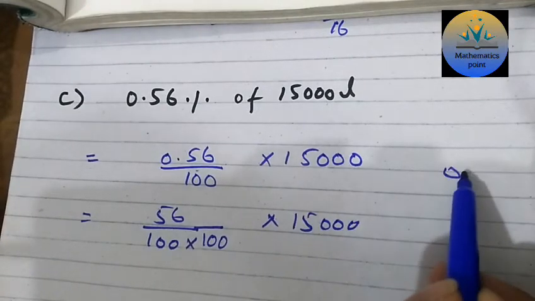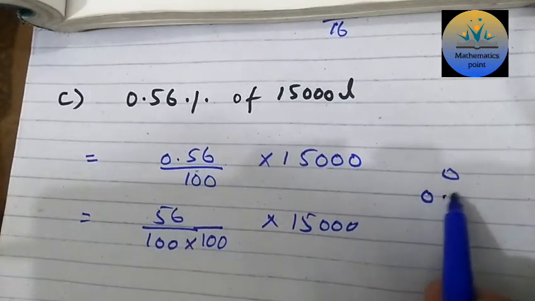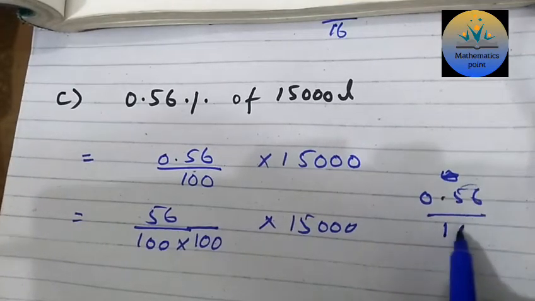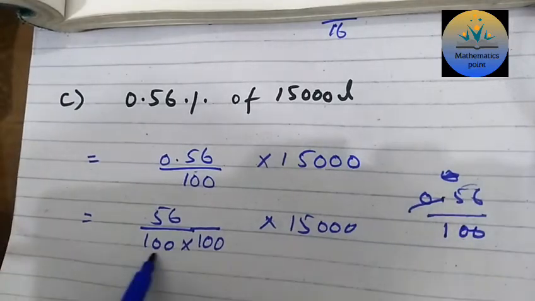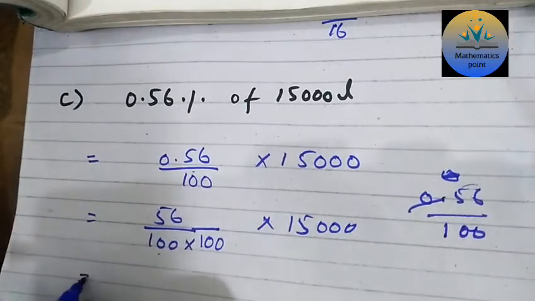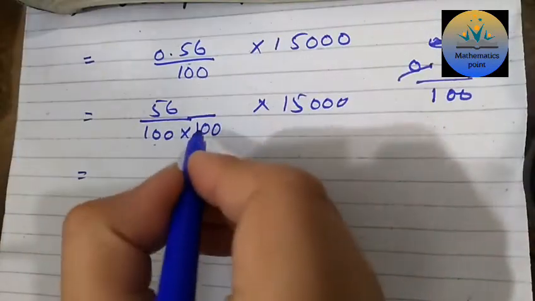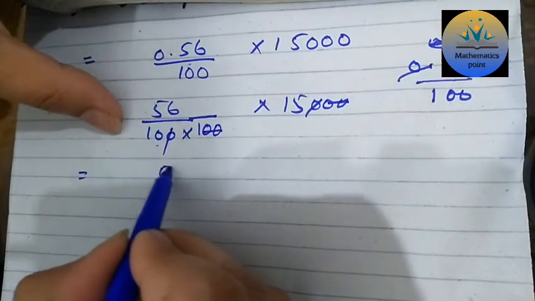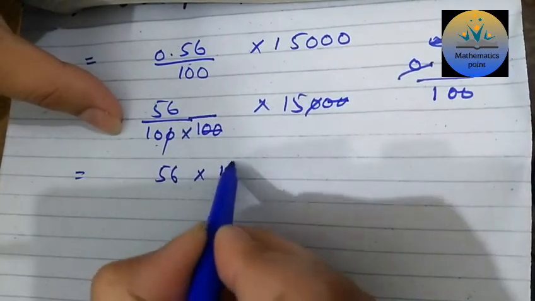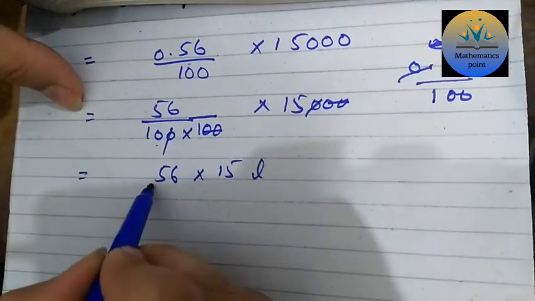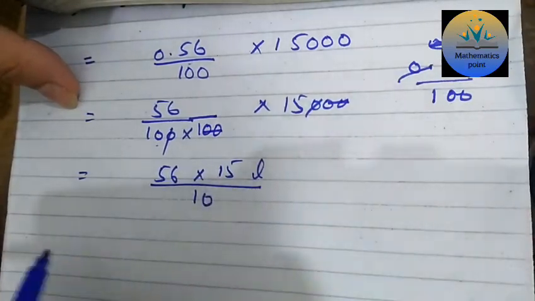This is what I'm just doing as working, 0.56. Below the point we write 1 and 2 digits are here, so 2 zeros, so that is 100. I put 100 here by solving this way. Then simplify it, so cut these 2 zeros by this one, now it becomes 56 multiplied by 15 liter, yes, that is in liter, and then divided by 10.